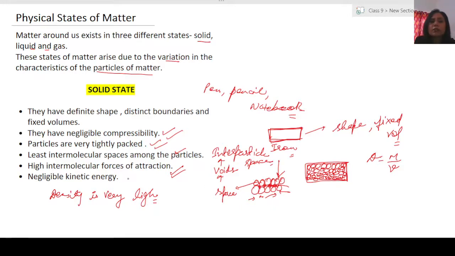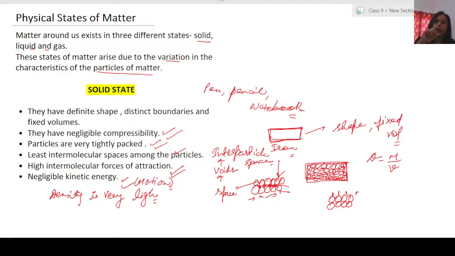Now, negligible kinetic energy. Kinetic energy, we are talking about here in terms of motion, and we have understood that yes, the particles of matter are in motion. So here also they are in motion. But again, the particles are very closely packed, so the motion is not high, or even random. They only vibrate at their own position like this, like this.